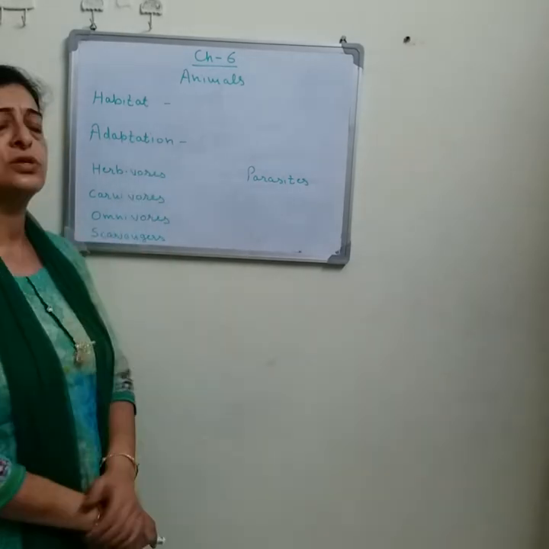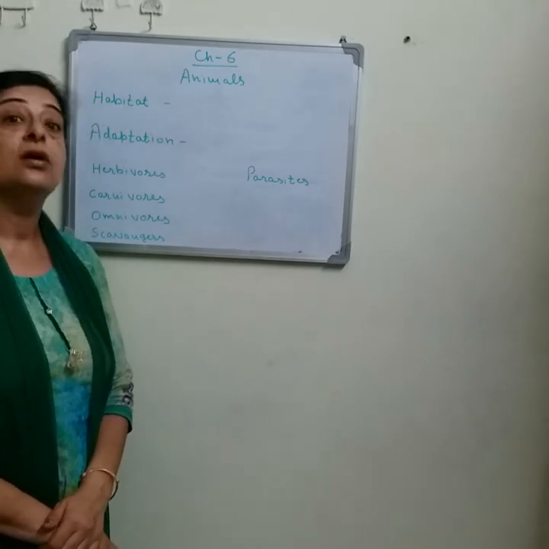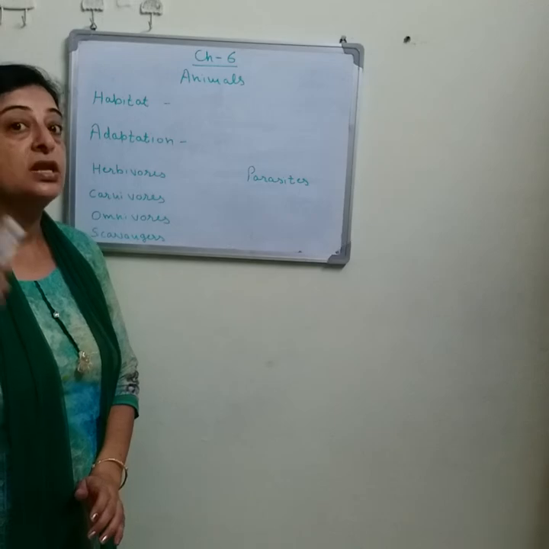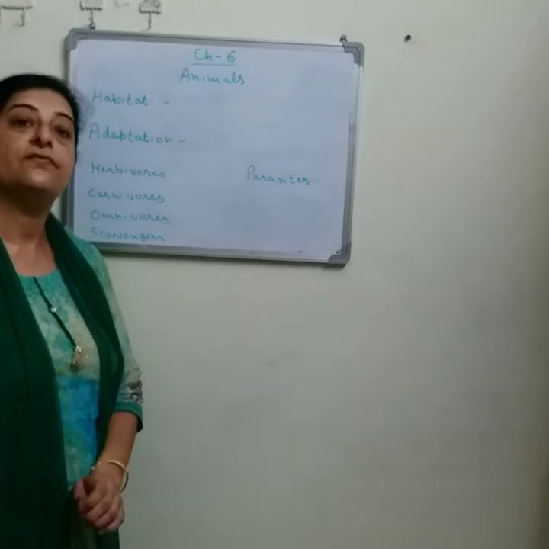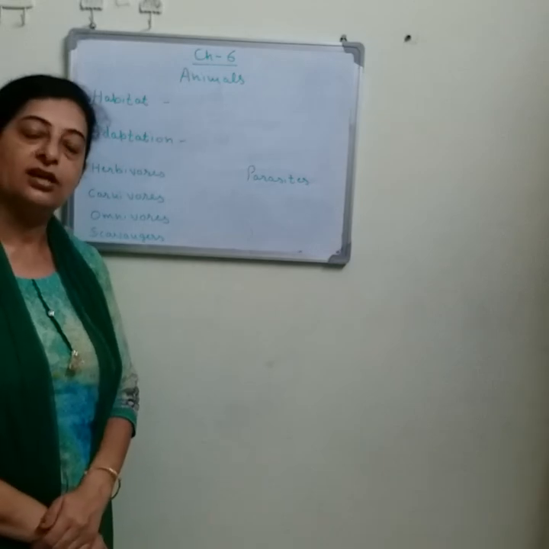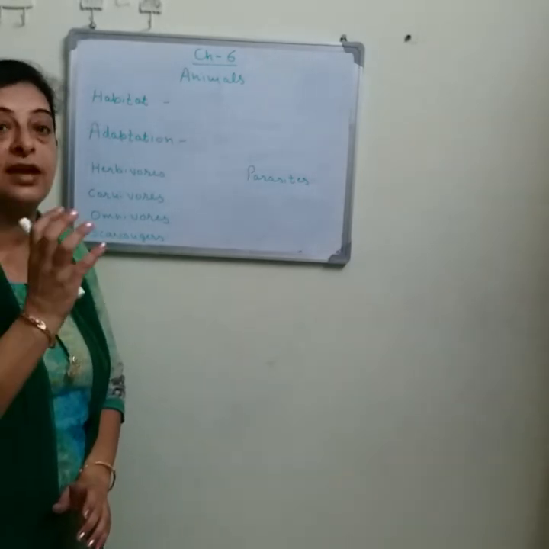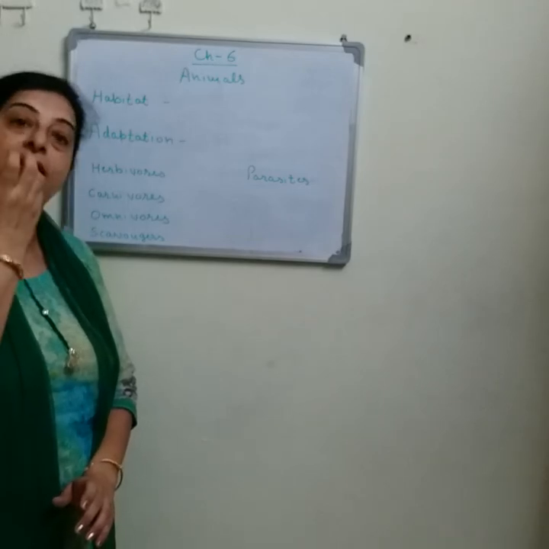Now carnivores are those animals which depend on flesh, which eat only the flesh of other animals, like lions and tigers. To tear the flesh, they have sharp front canines.